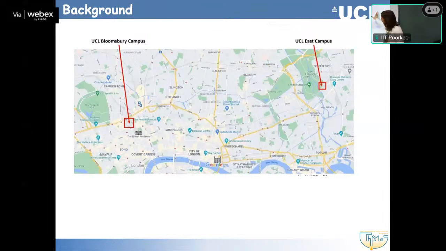So, a map of a bit of London, that's the Thames. The university I showed you is located here, very close to the British Museum. But we also now have a new campus in east of London, UCL East, where the Queen Elizabeth Olympic Park is, if you watched the London Olympics a few years ago.